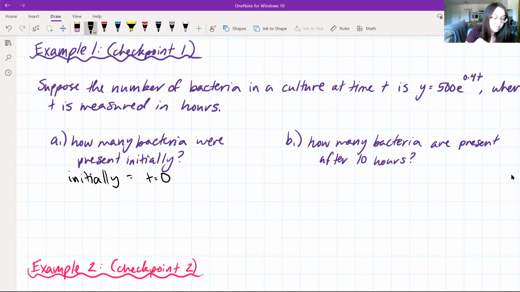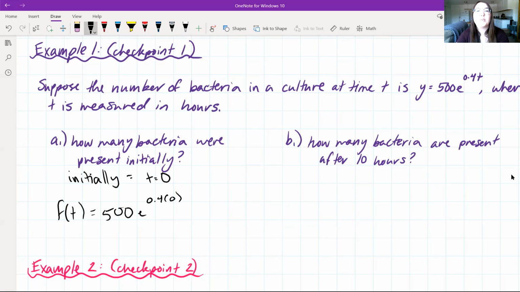All right, so if t equals 0, then we're going to use f of t and calculate 500 e to the 0.4 times 0.